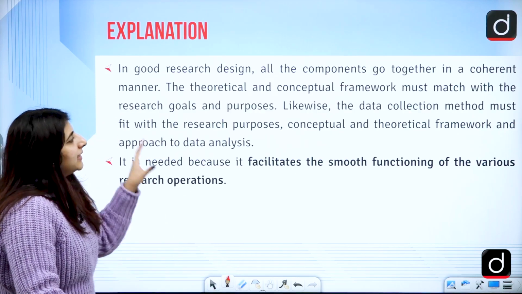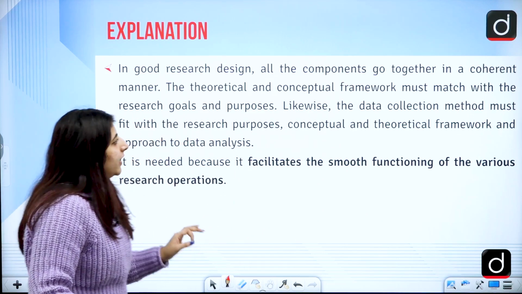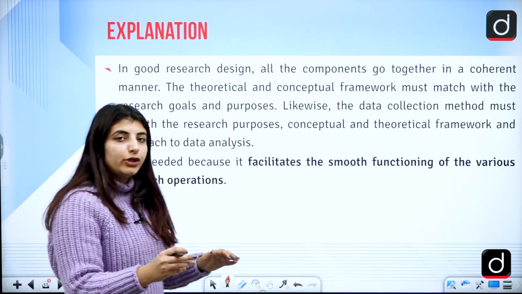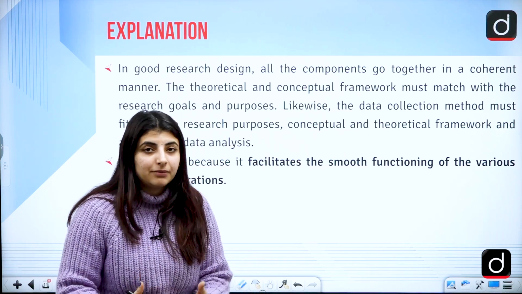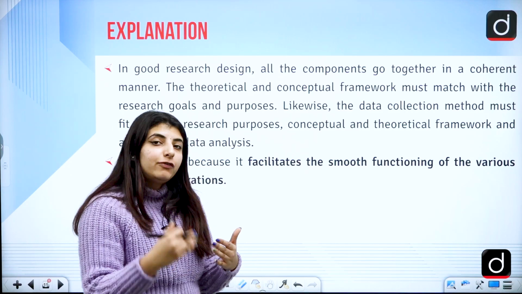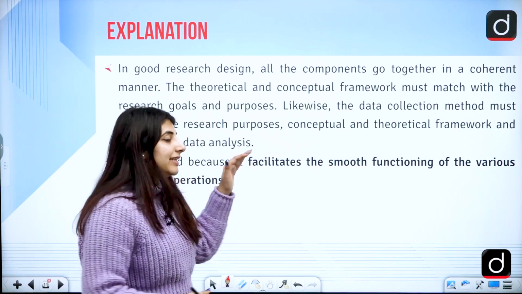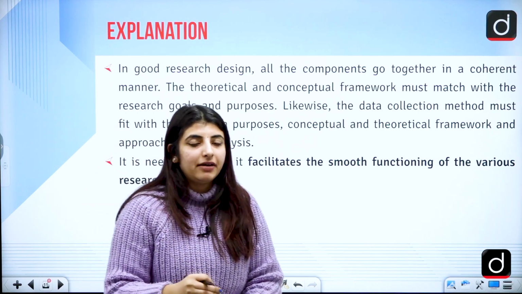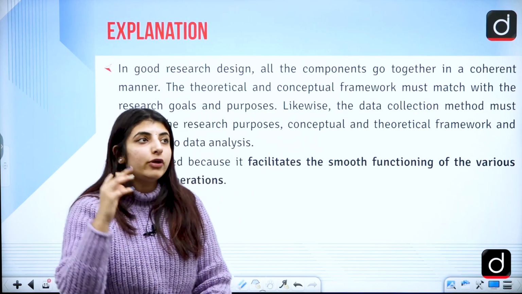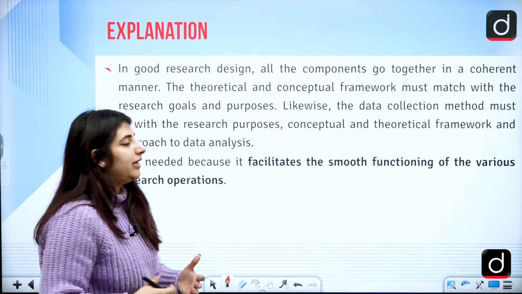In a good research design, all the components go together in a coherent manner. As I told you, if you want to make a particular dish, you will have to follow the recipe entirely. Same is the case with the research design. You will have to have the steps in a stepwise manner so that you do not skip any part which is really important.